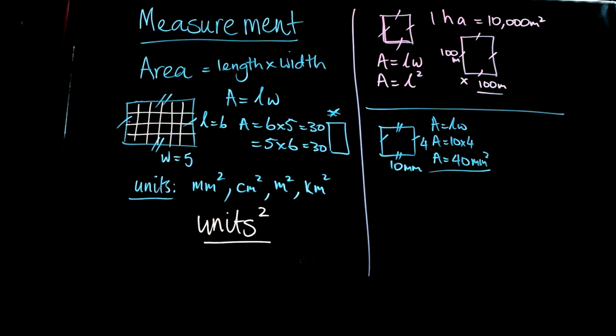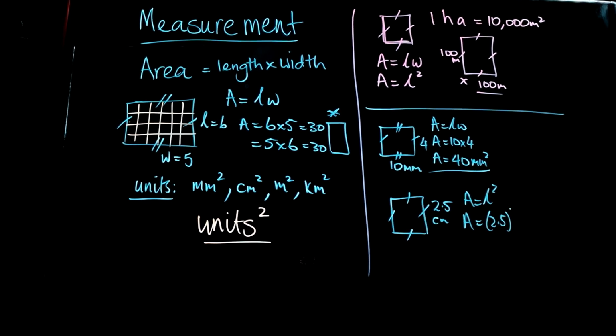I guess we can just do one square here to show you what we mean. I'm going to call that 2.5 centimeters. So what I'll do in this case is write L squared, and I know that I'm going to square that number. I can jump on my calculator and do it, but what I'm thinking about here is 25 squared, and I'm just going to do that here: that's 100, that's 100, and that's 25.